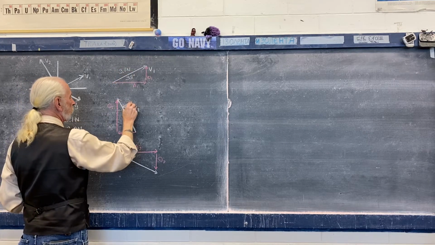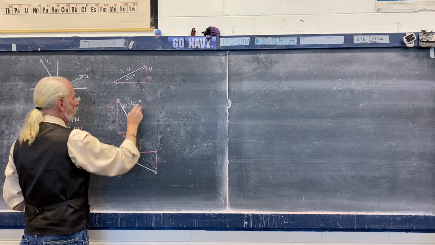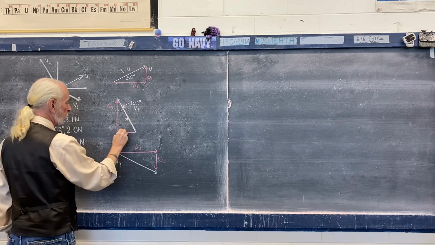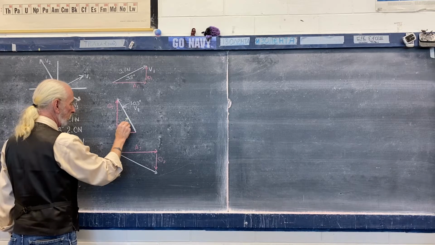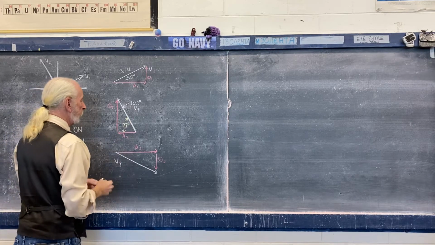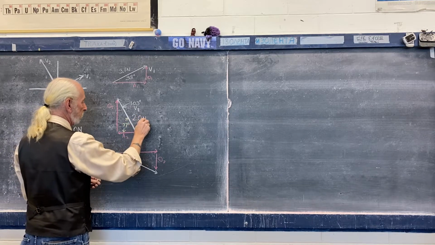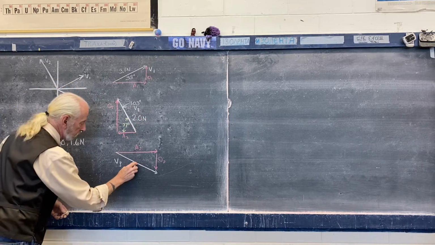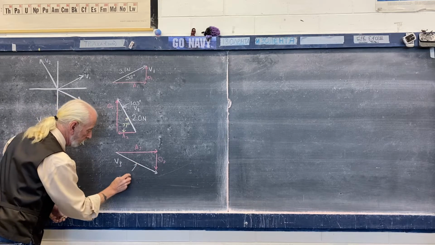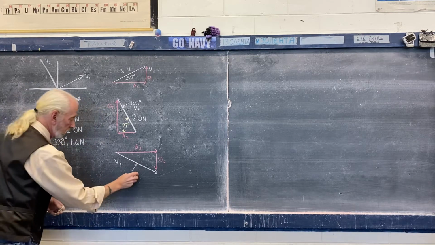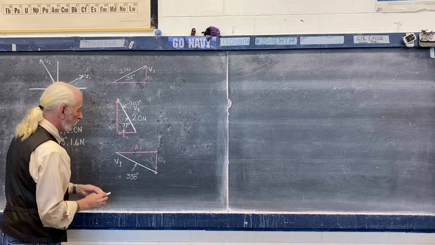This is 103 degrees, which makes it actually 77 degrees, like so. It is 2.0 newtons. This guy here is 338, which makes it actually 22 degrees.